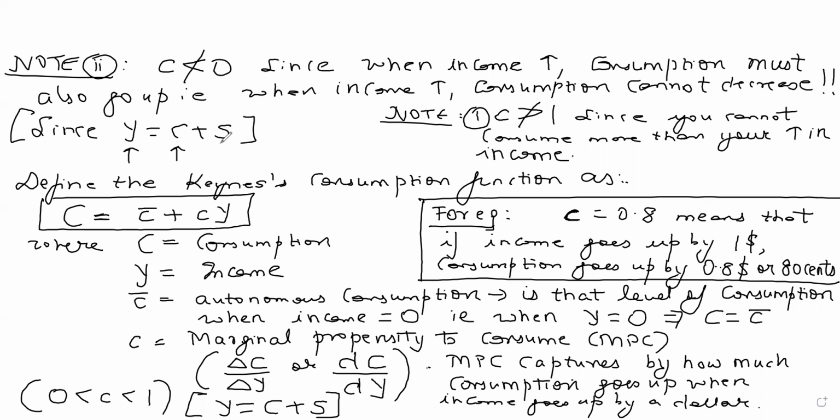When you earn more, you also spend more. It's not possible that you are earning more and now you're spending less. That's not rational behavior. So marginal propensity to consume cannot be less than 0, and it cannot be more than 1. Hence, it should lie between 0 and 1, including 0 and 1, which are the extreme cases.